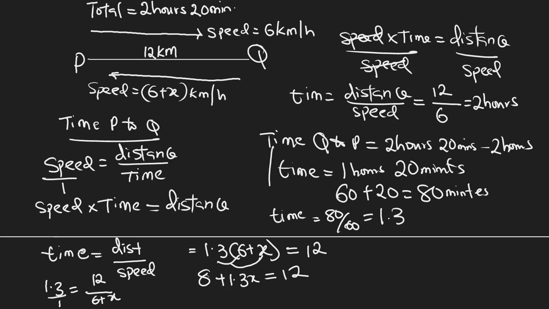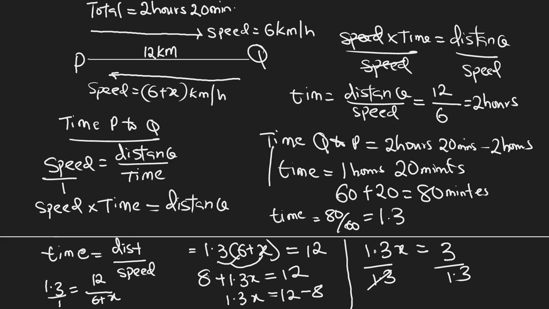So collect like terms. This 8 will move to the other side. We have 1.3x equals 12 minus 8. Right? So 1.3x equals 12 minus 8, which is 3. So 3. Divide both sides by 1.3. So this 1.3 will cancel this 1.3, right?